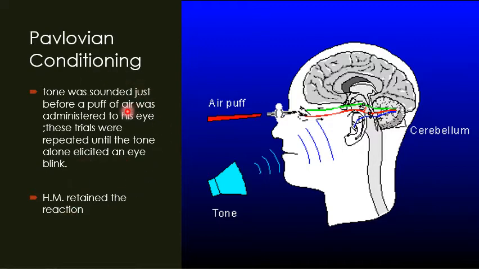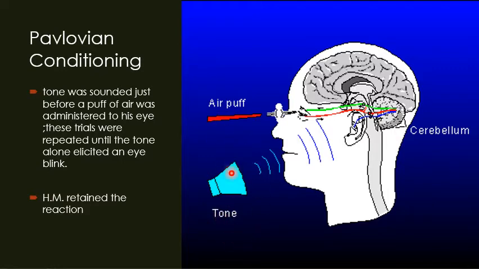So in this case, we have a neutral stimulus, which is the tone, the unconditioned stimulus, which is the air puff, and the unconditioned response is the eye blink. But since the tone is repeatedly associated with the air puff, the tone becomes the conditioned stimulus. So from neutral stimulus, it becomes the conditioned stimulus.